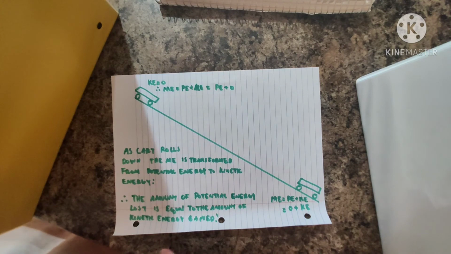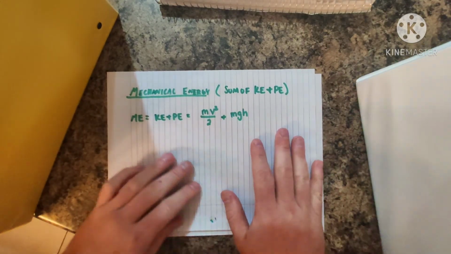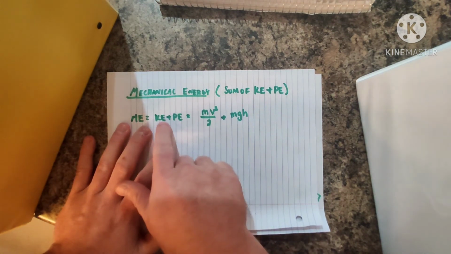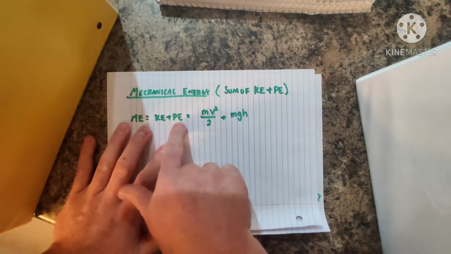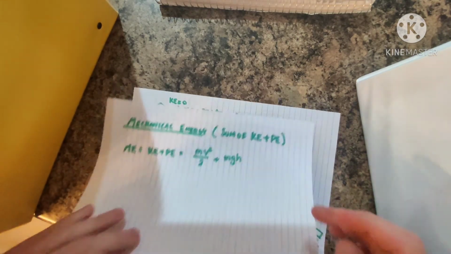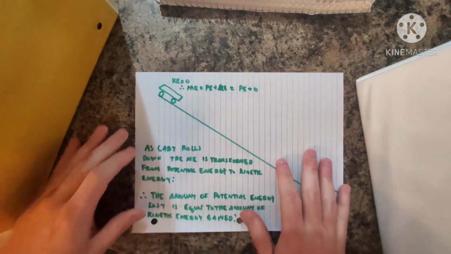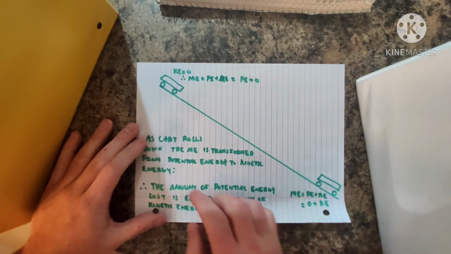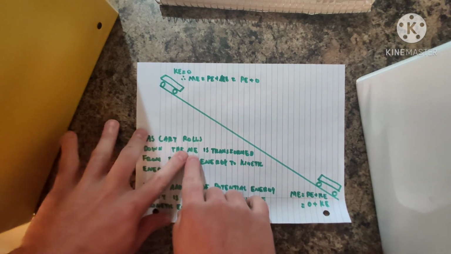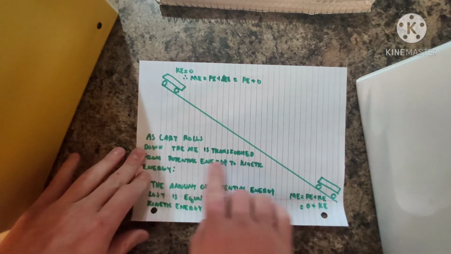And so an equation that you can look at, which is given to you already, is that your mechanical energy is equal to your kinetic energy plus your potential energy. Remember, this is important. It'll help you solve these problems that come up in the question portion of your lab. As the cart rolls down, the mechanical energy is transformed from potential energy to kinetic energy.